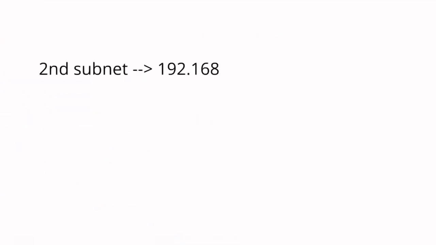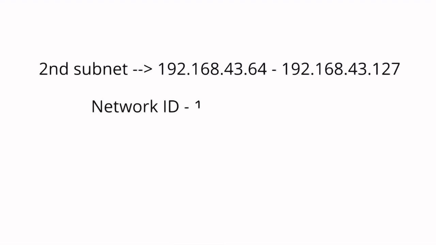Our second subnet is in the range of 192.168.43.64 through 192.168.43.127. As before, our first IP address in that range is reserved for the network address, which is 192.168.43.64.